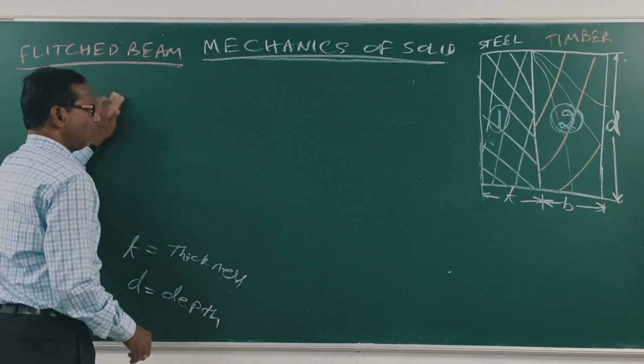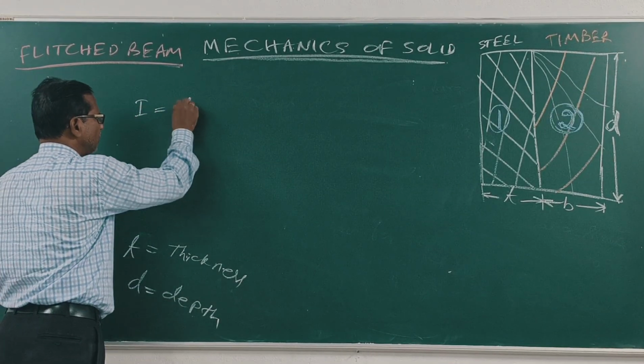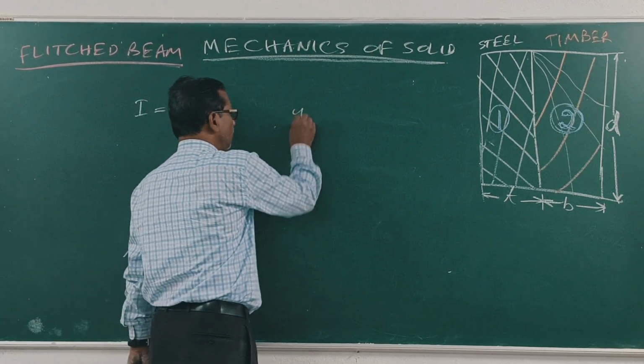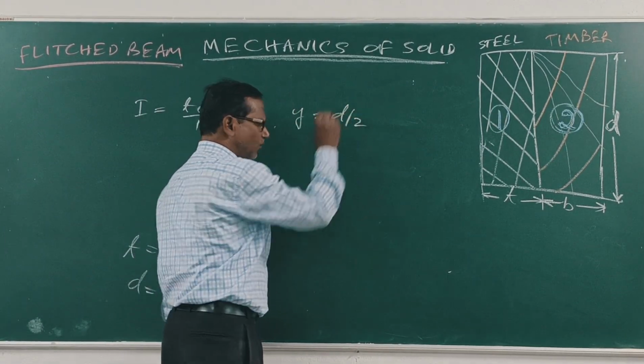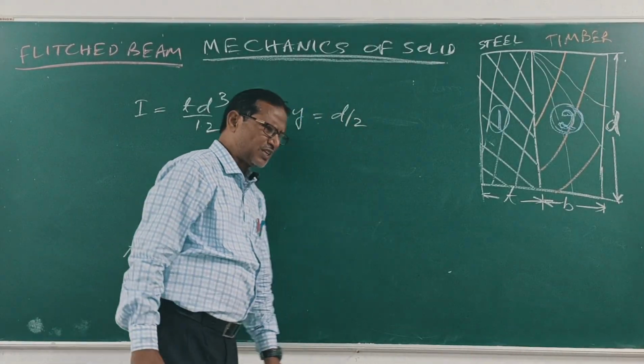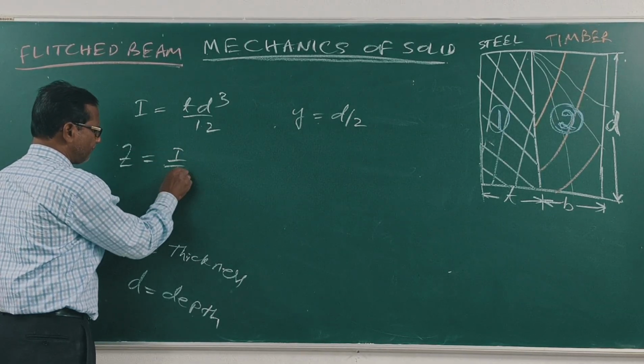Now the moment of inertia I is equal to t d cube by 12 and y is equal to d by 2. So what is Z? Section modulus Z is equal to I by y. Clear?